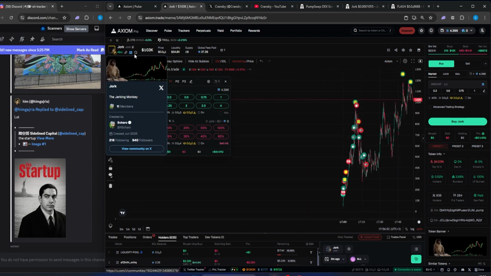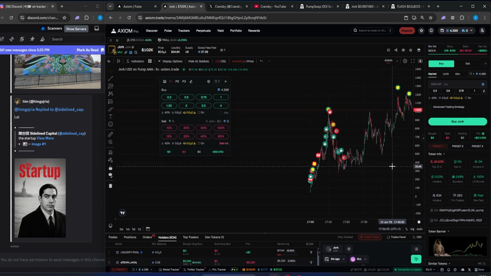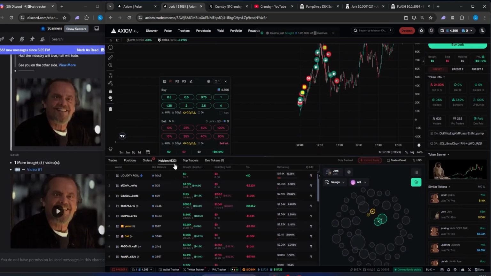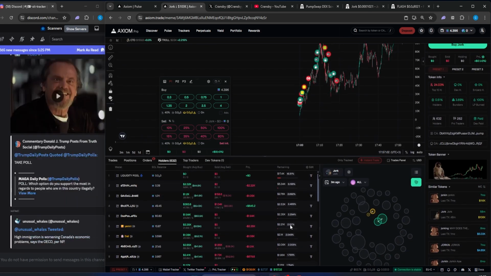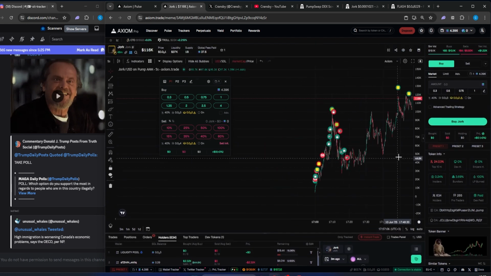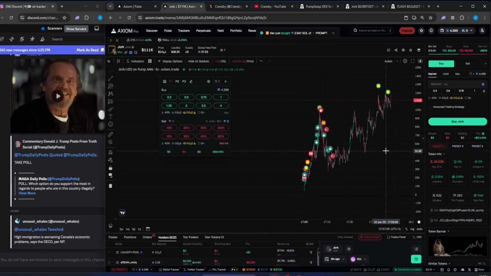If there's a community, you check out the community and see how the vibes are there. You look at the holder percentages, whether it's healthy or not. If suddenly there is heavy movement, you can jump on the volume, and of course put sell limit orders just to be safe.